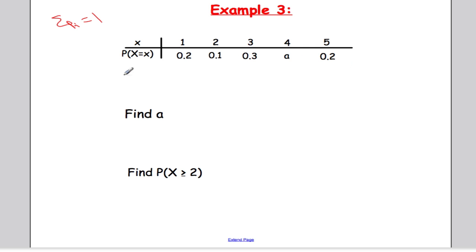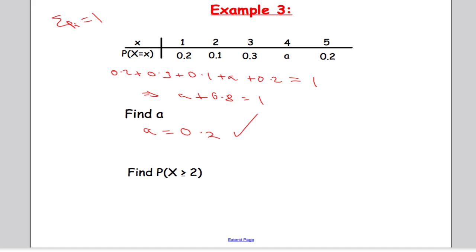So if I add up all these probabilities, 0.2 plus 0.3 plus 0.1 plus A plus 0.2, adding them all together, that must equal 1. That means that A plus, and let's just add these up, 0.2, 0.5, 0.6, 0.8 must equal 1. That means A must equal 0.2.